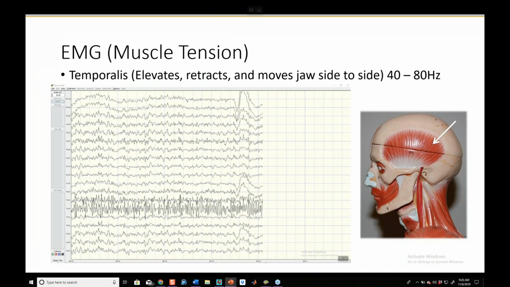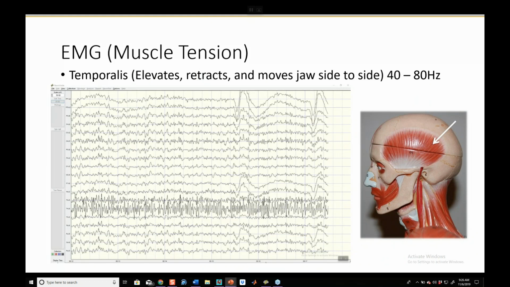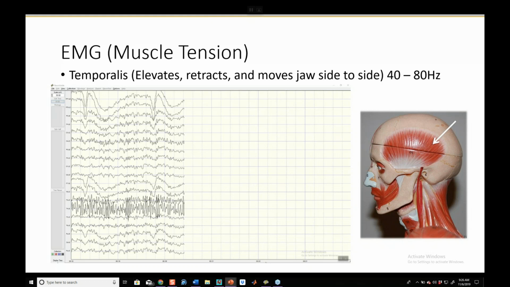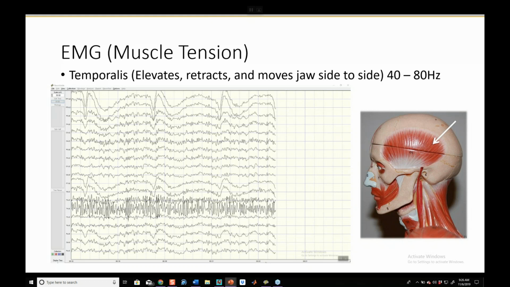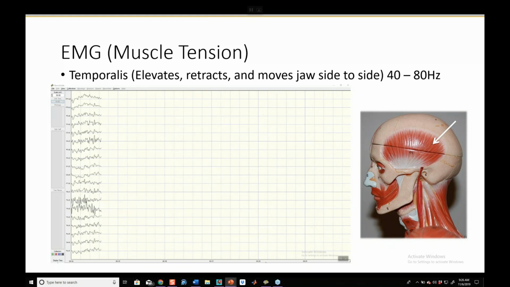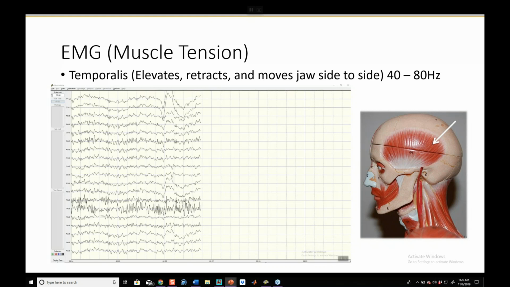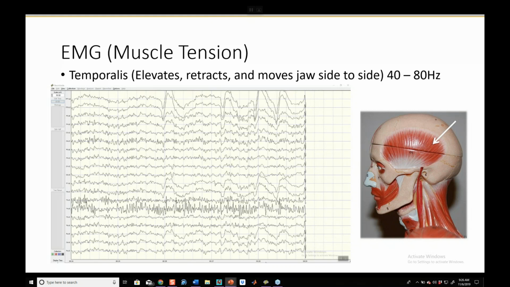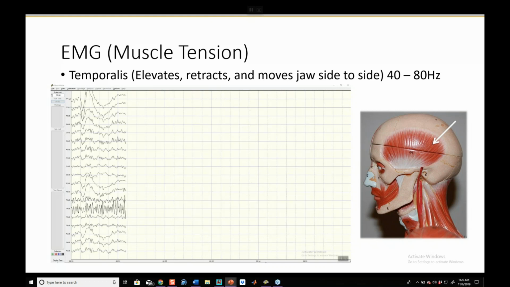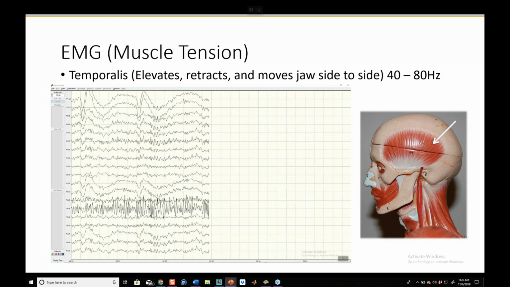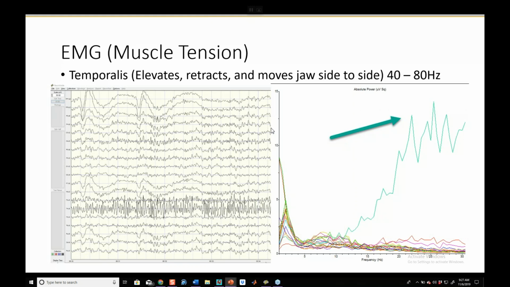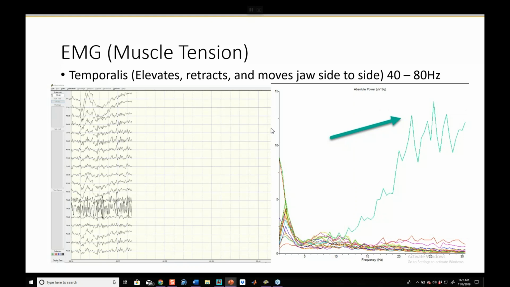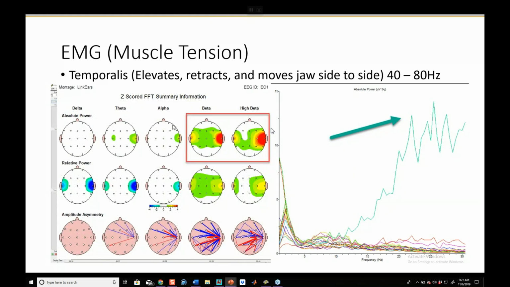Now in this case, we have the temporalis muscle throwing T3 and T4. This is a little bit more common. That is to say, you've seen this in your maps. You've seen people that have EMG at these two locations. They're known for it. And so what normally happens is we would see this in the spectra, and we would see red spots at T3 and T4 in the map.